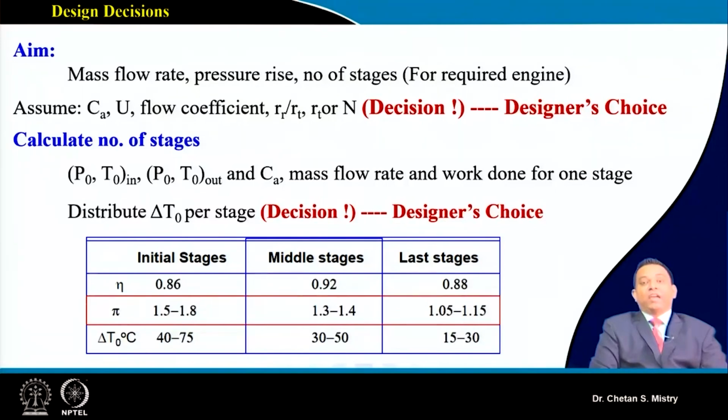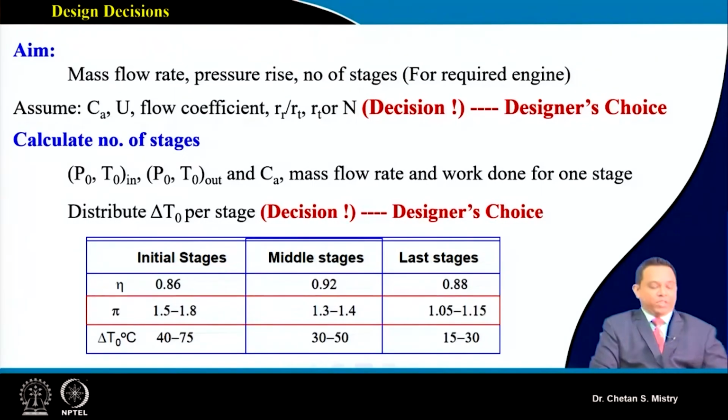When these blades are shorter, there are more chances of the flow going three-dimensional, and that is why we do not expect much pressure rise there. That number is in the range of 1.05 to 1.15, and efficiency will be in the range of 88%. So for the initial first cut design, our assumptions for pressure ratio and efficiency give us the idea.